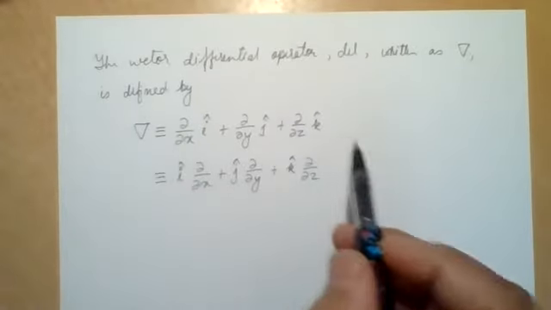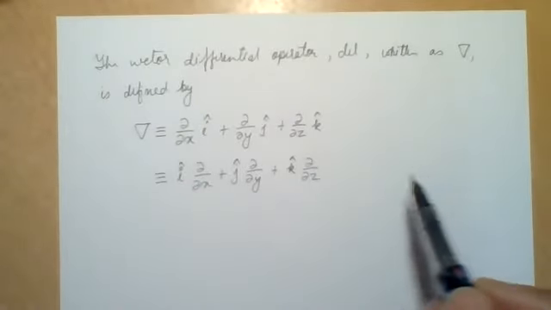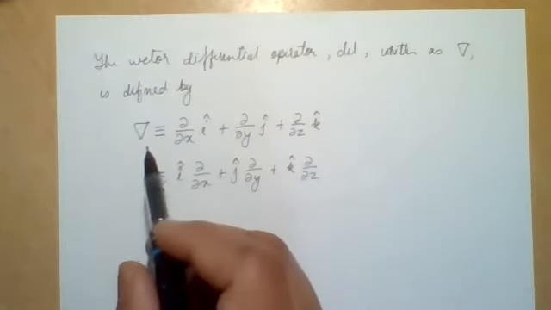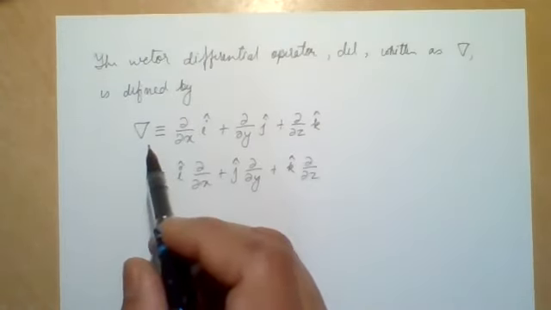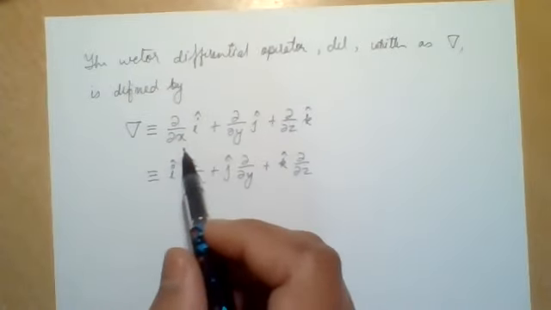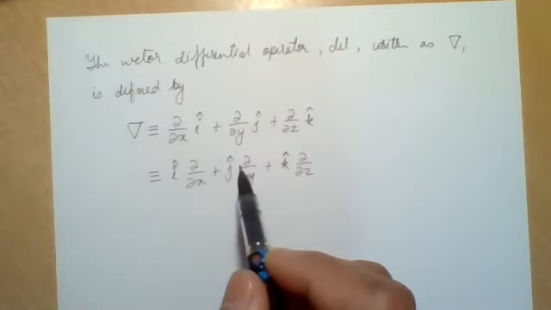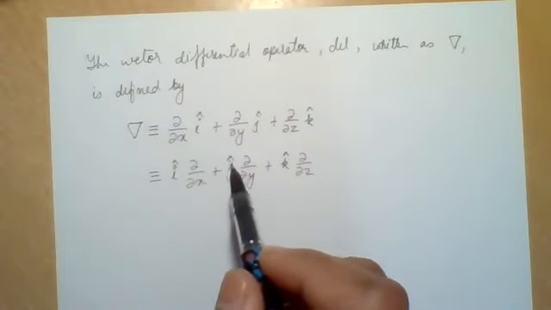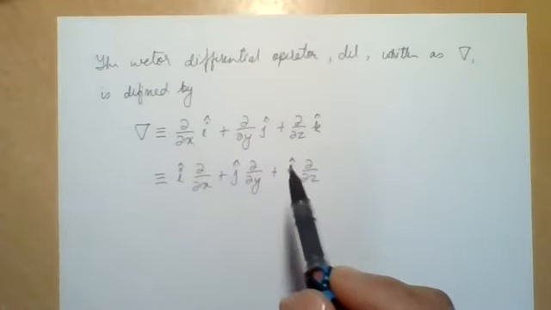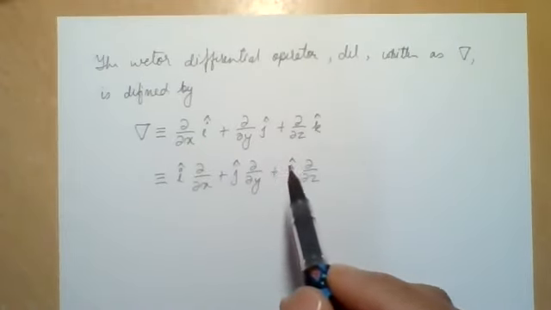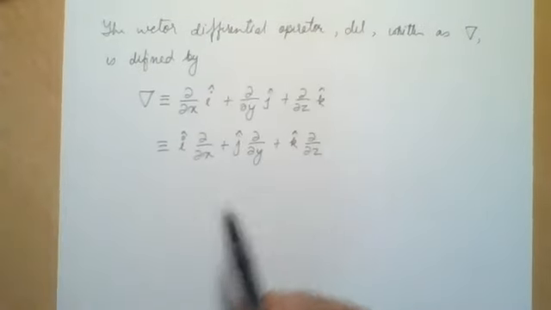This operator will operate on some scalar or some vector. This operator is also known as nabla. And this operator is useful in defining three quantities which arise in practical applications. These three quantities are known as gradient, divergence, and curl. So let us start with the gradient.